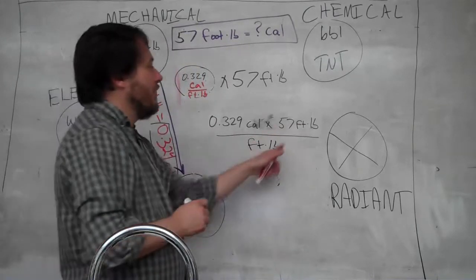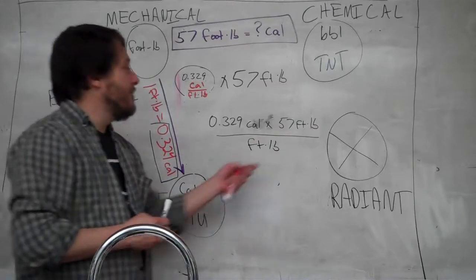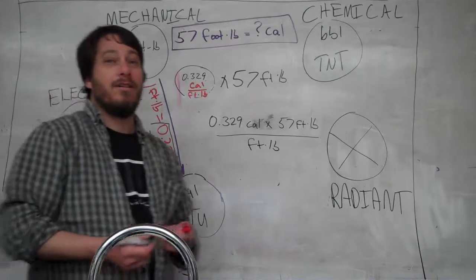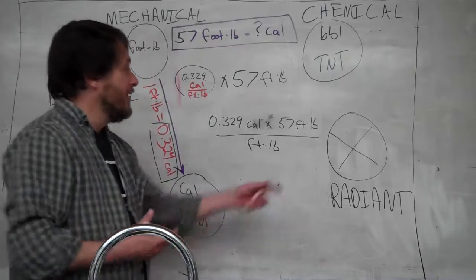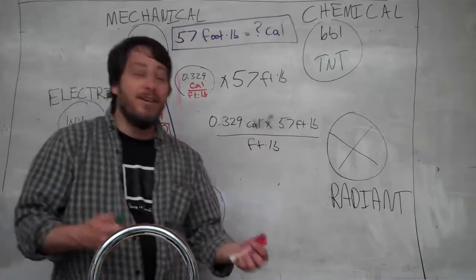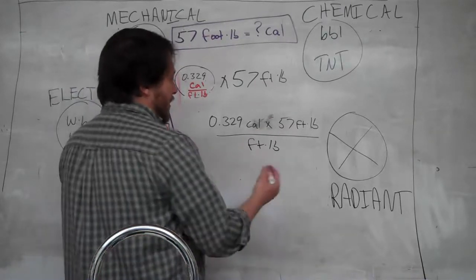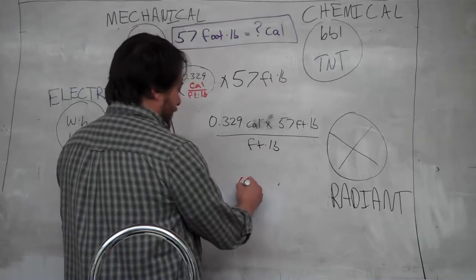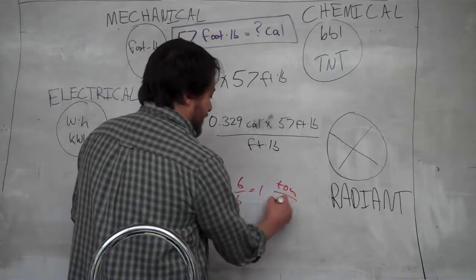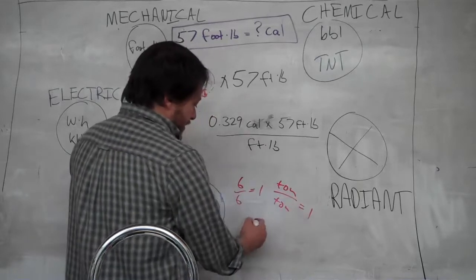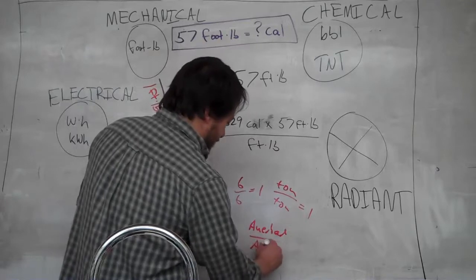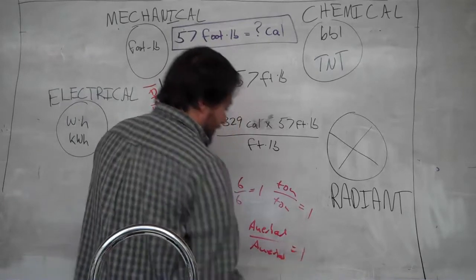Anything divided by itself, even if it's a unit of measurement, foot-pounds, inches, anything, any number over itself equals 1, right? 6 divided by 6 equals 1, ton divided by ton equals 1.